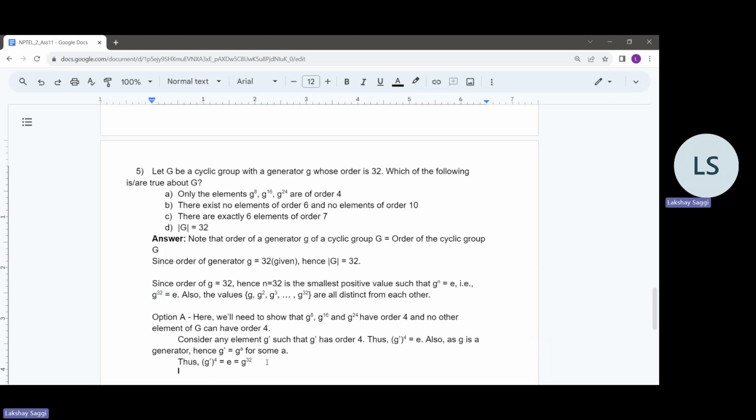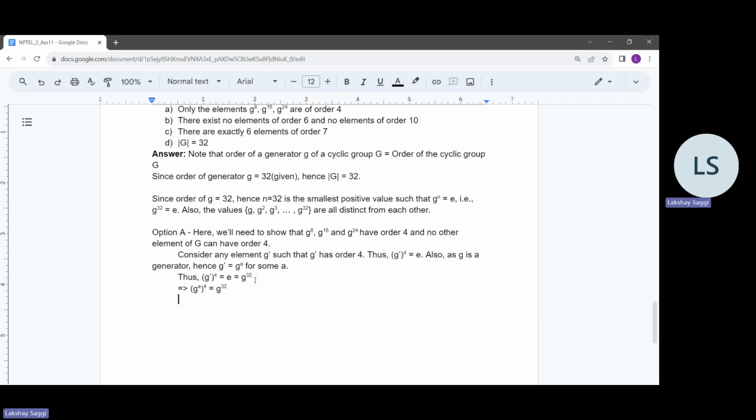And what does this imply? G prime was also equal to G raised to the power A, so G raised to the power A, raised to the power 4, is equal to G raised to the power 32. So what does this mean? This means that G raised to the power 4A is G raised to the power 32.